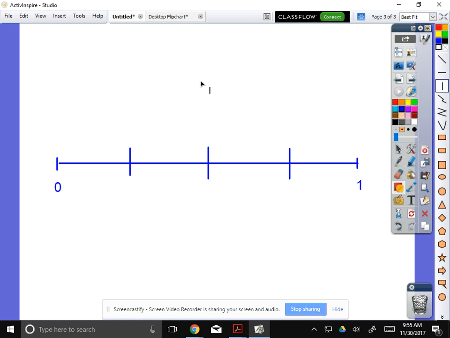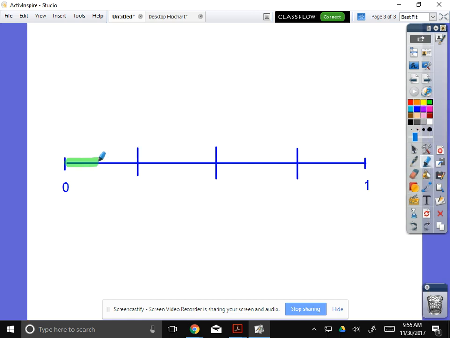So how would I divide this up into fractions? Again, it's between 0 and 1, so I have to count the pieces. 1, 2, 3, 4 pieces. 4 pieces total, which tells me my denominator should be fourths.